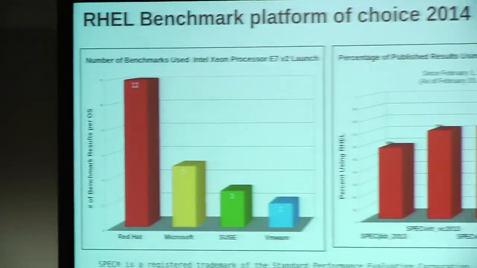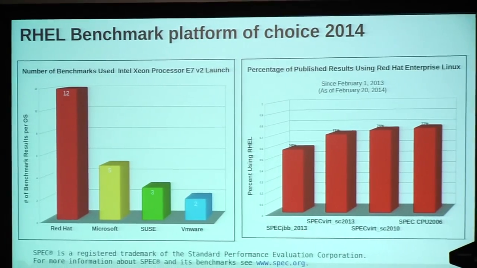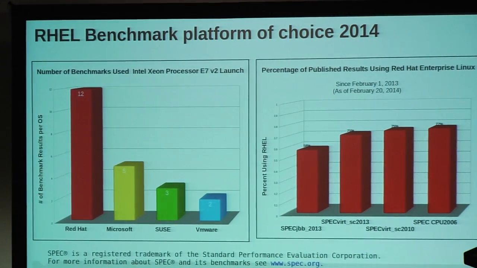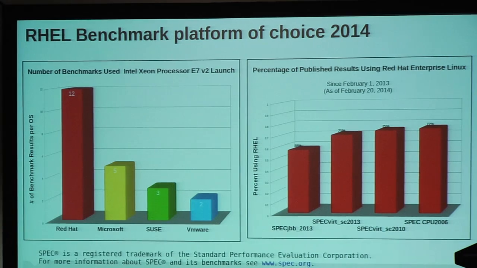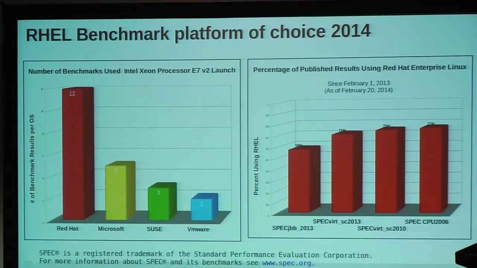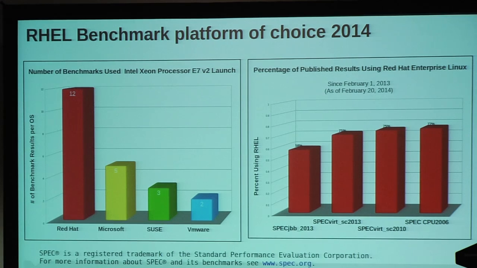So this does show you, in 2014, when Intel launched the Ivy Bridge EX platforms, 10 years ago, a little history, we basically had about 5–10% of the benchmarks being done on Linux, and a lot of Unixes, and of course Microsoft had a kind of a lion's share of the benchmark results on hardware platforms.